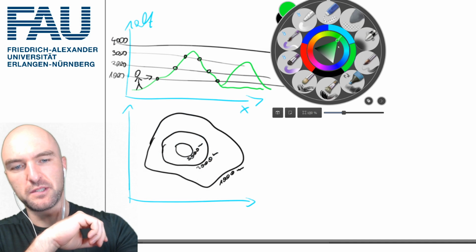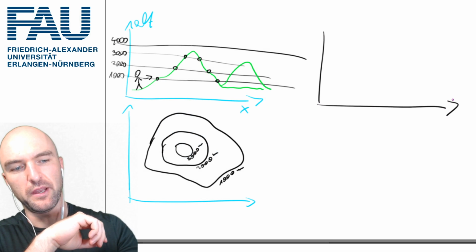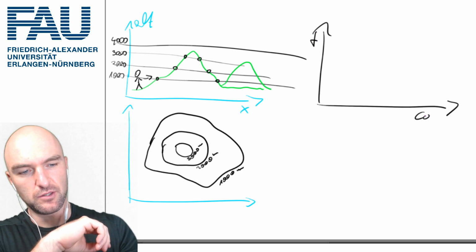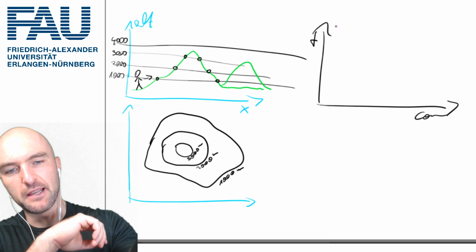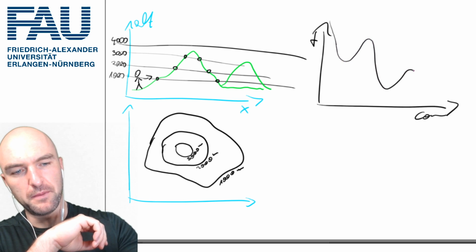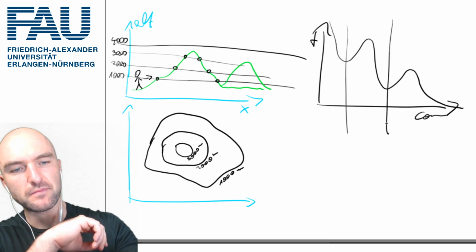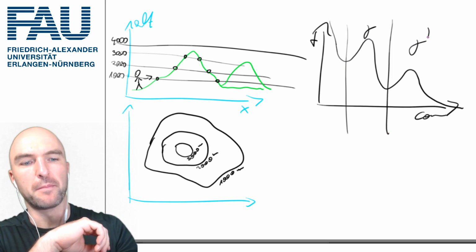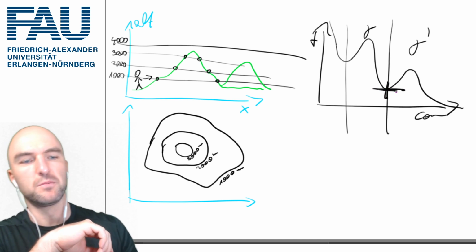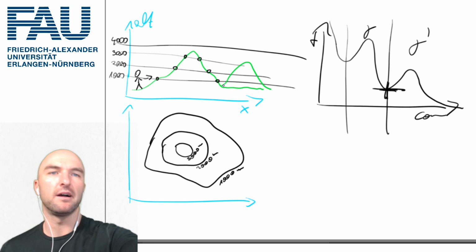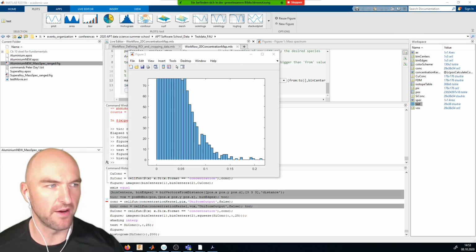But very often what you will see, for example, if we took the superalloys data set where you have very good partitioning, what you would see is that if we go frequency versus concentration, that there's obviously a lot of zeros, and then there might be one hump, and then there might be another hump. Something like this, where essentially this would be any sort of voxels at the corner, and this might be your gamma, and this might be your gamma prime, and then this would be a good value for our iso value, or for our value to partition between our valleys and our troughs.